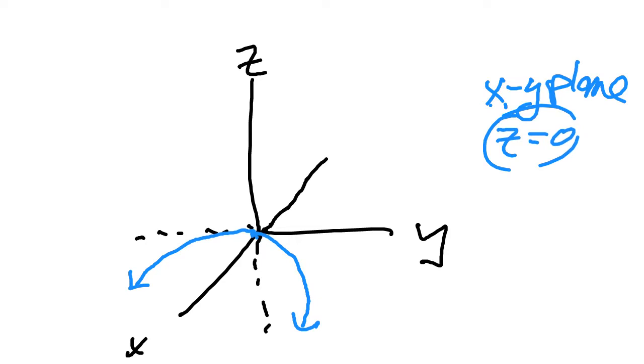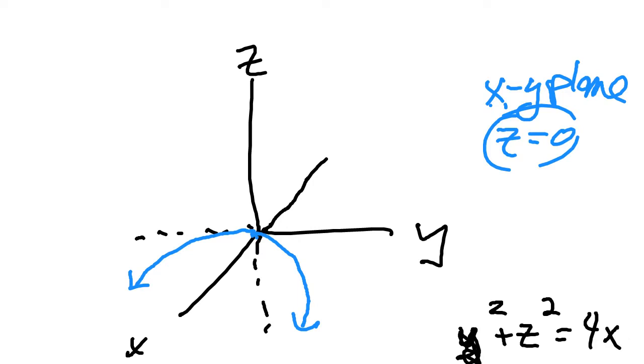Now, z can't be anything it wants, because z is restricted by our function. Remember, our function was y squared plus z squared equals 4x. So this happens to be when z equals 0.